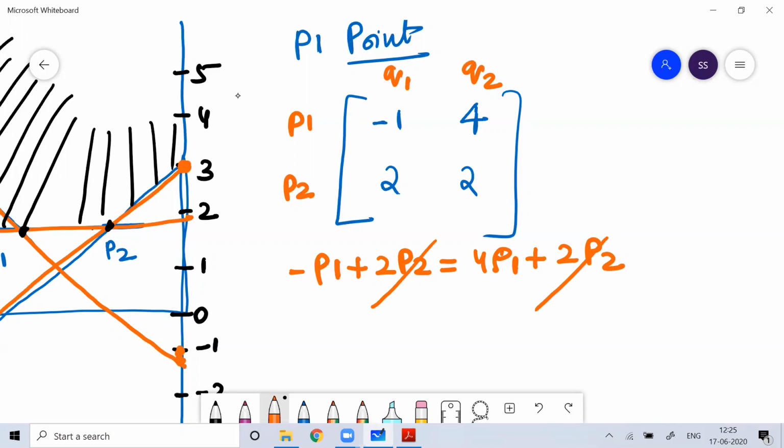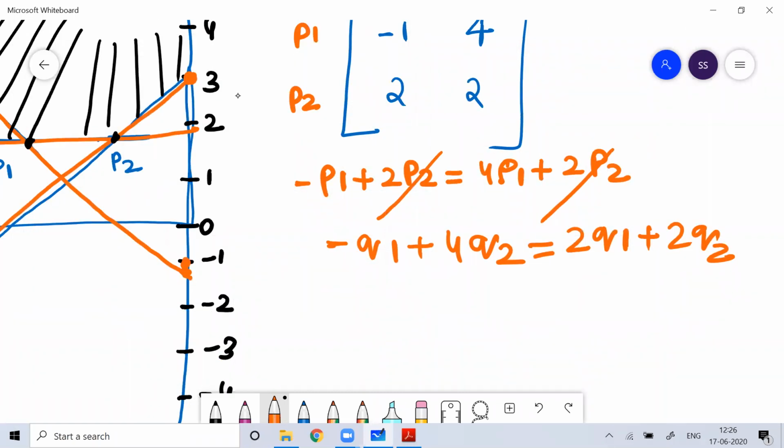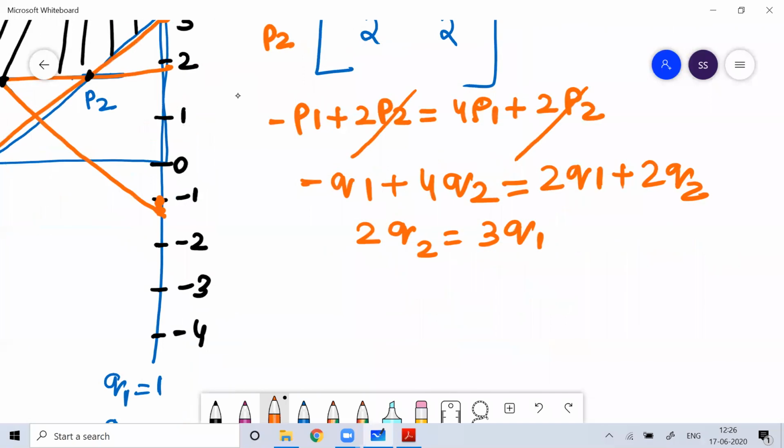So if I try Q1 and Q2, minus Q1 plus 4Q2 is equal to 2Q1 plus 2Q2. So you can say that 2Q2 is equal to 3Q1, so Q2 is equal to 3 by 2 Q1.